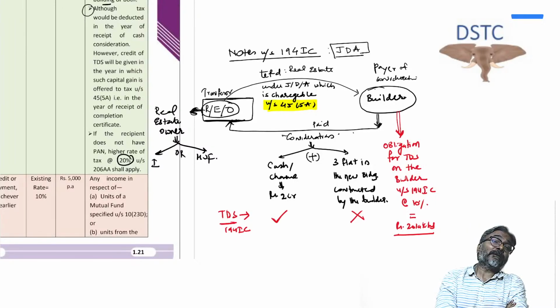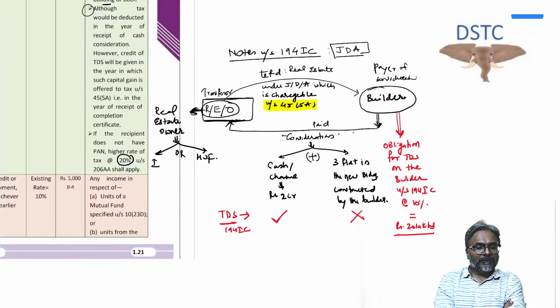Do write the rates there itself. In the first case, 194C, it is 1% or 2%.